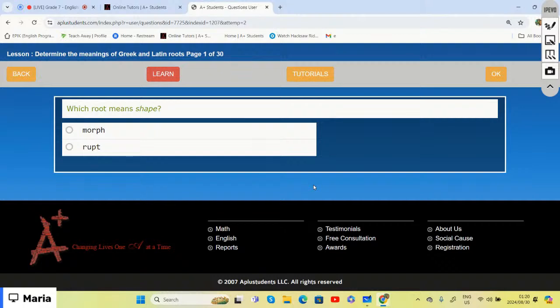Which root means shape? Is it option one, which is morph, or option two, which is rupt?